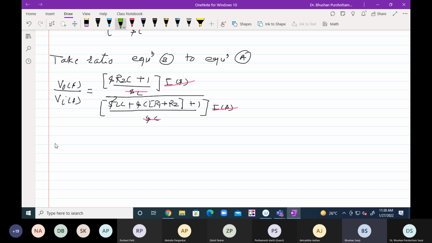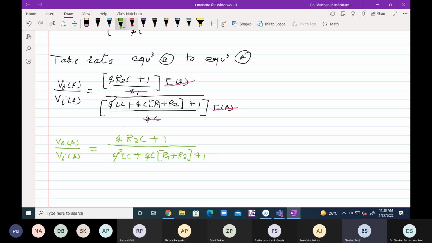So V0 of S divided by Vi of S becomes S into R2C plus 1 divided by S square LC plus S into C multiplied by R1 plus R2 plus 1.